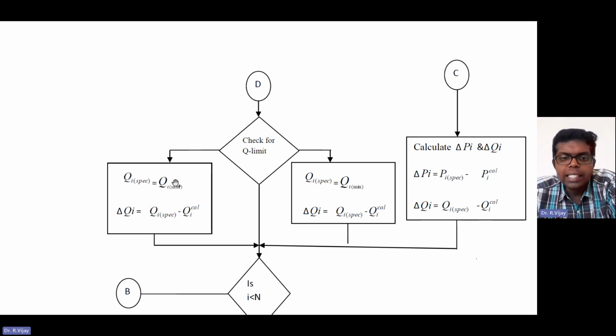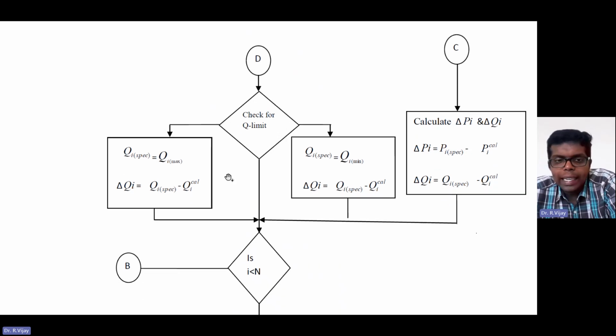If Qi specified value is greater than Qi maximum, you need to set Qi specified to its maximum operating limit. If Qi specified value is less than Qi minimum, you need to set it to its minimum operating limit. Next, you need to calculate del Qi, that is the change in reactive power, Qi specified minus Qi calculated.